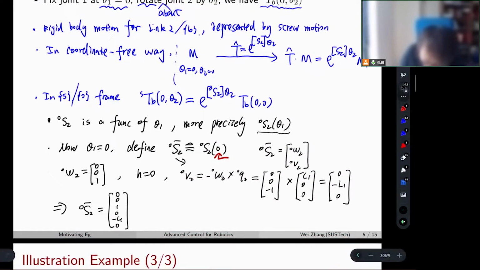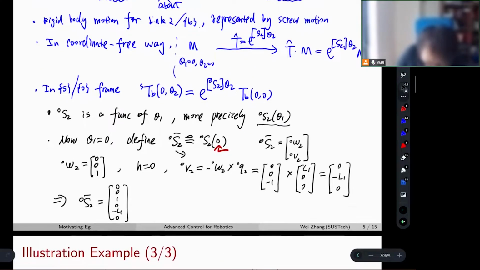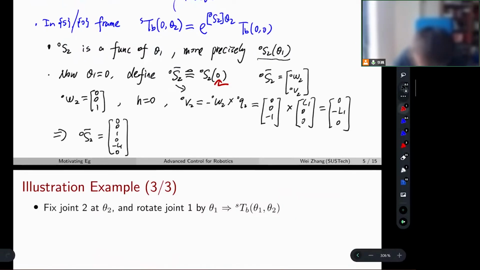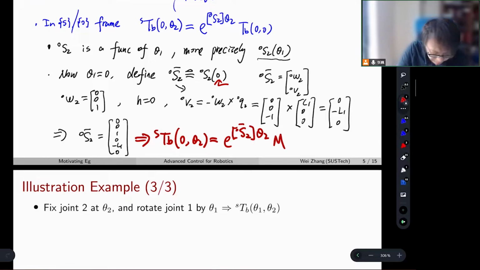So let me summarize the result. In this special case, we know this is independent of θ1, so the numerical value is the exponential of S2 bar in 0 times θ2, times TB at 0, 0, which is M. Any questions?